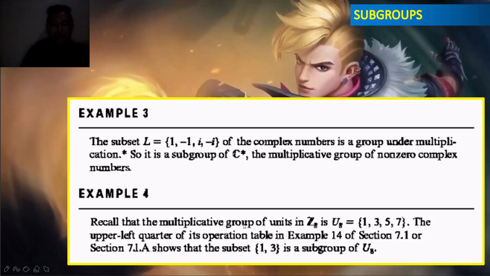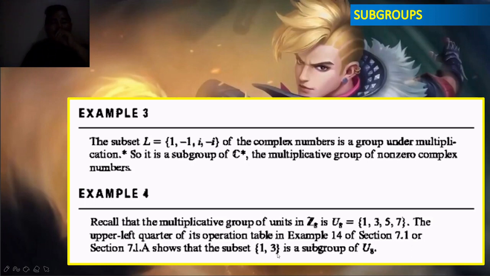Next, example number 4. Okay, the multiplicative group of units in Z8. So U8 is 1, 3, 5, 7. This shows that the subset 1, 3 is a subgroup of U8. The identity here is 1.